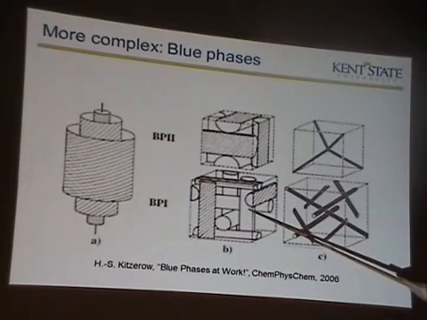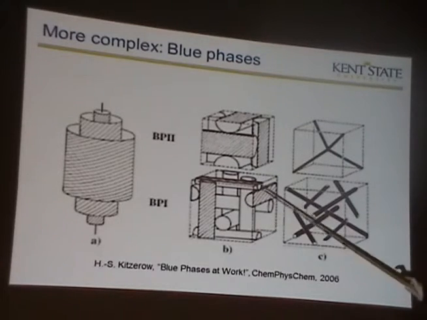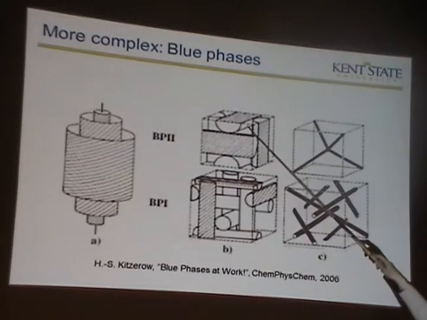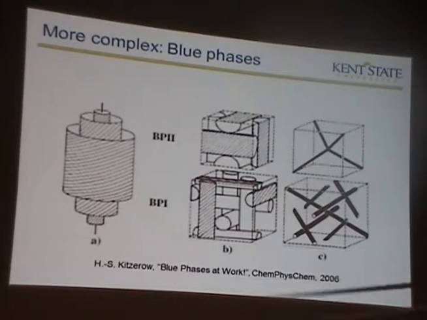These are typically arranged in square lattices in either the configuration of blue phase 1 or 2. And so they make very complex structures, but they really do form. And people even now have schemes for how to use them in liquid crystal displays.